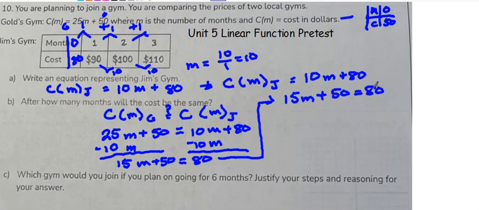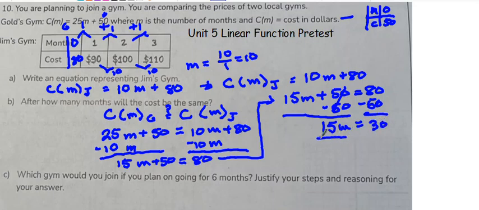Now let's get rid of the 50 on the left, so we subtract 50 from both sides. So I get 15m equals 30. And then I divide both sides of the equation by 15, and I wind up with m equals 2.